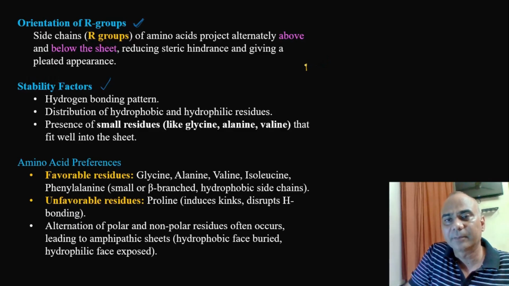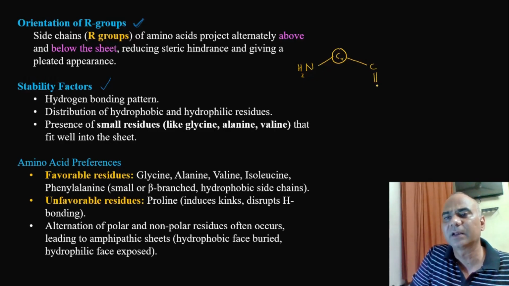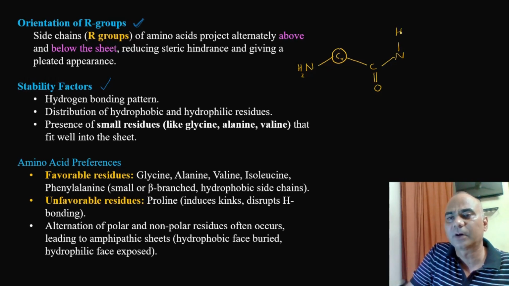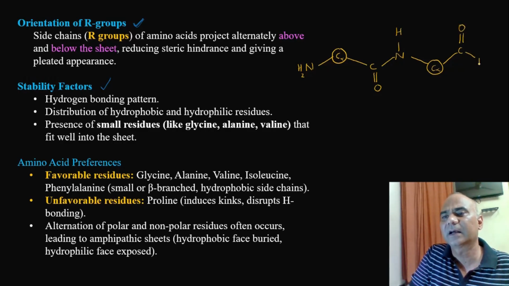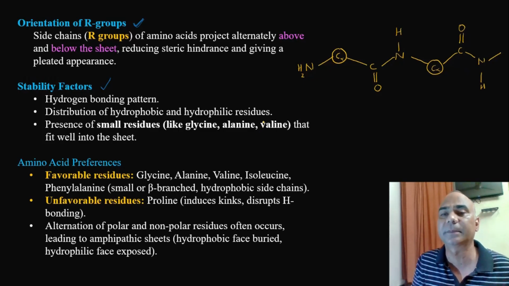Here I am making a polypeptide chain, NH2, and this is the carbon alpha of the first amino acid, and here this is the carbonyl oxygen, and this is the amide group of the peptide bond, and another, this is the carbon alpha of the second amino acid, and here I am making the carbonyl oxygen and again the amide hydrogen. This is the arrangement of a polypeptide chain.